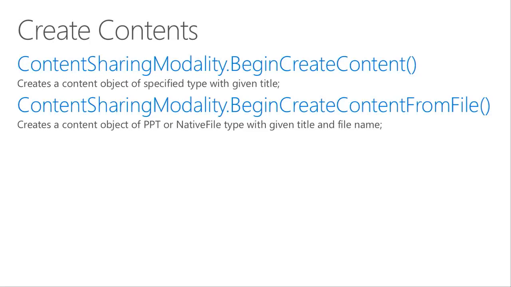So how do you start creating content? You just call begin create content or begin create content from a file. With the given title and file name, you can create the content from a file, or you can just give it the title and create content such as a whiteboard.